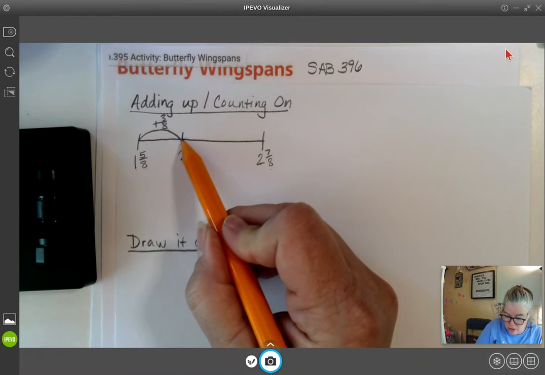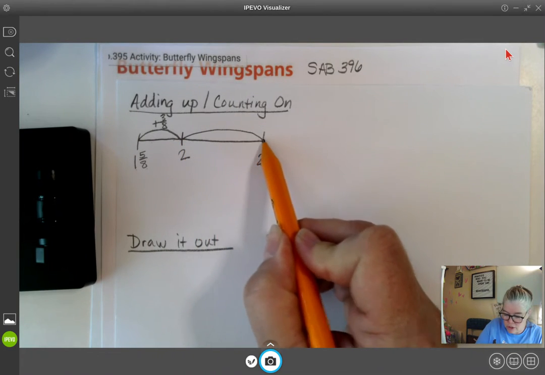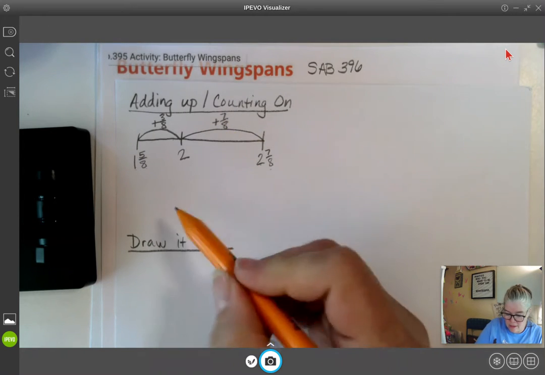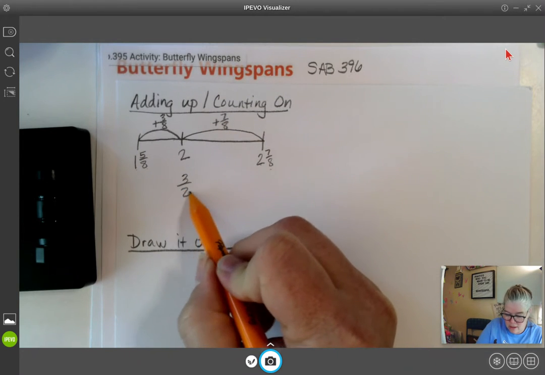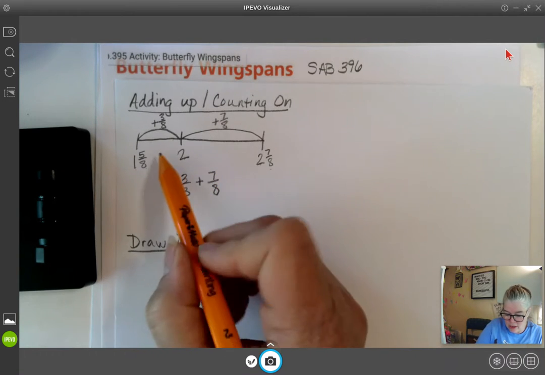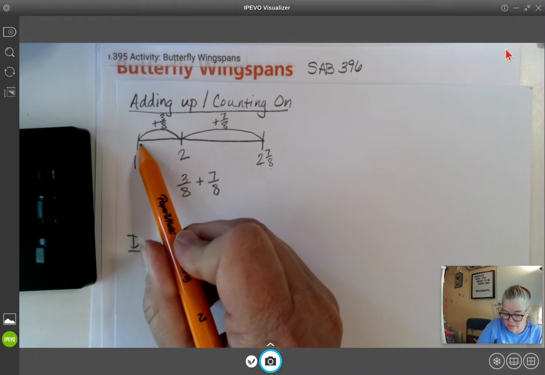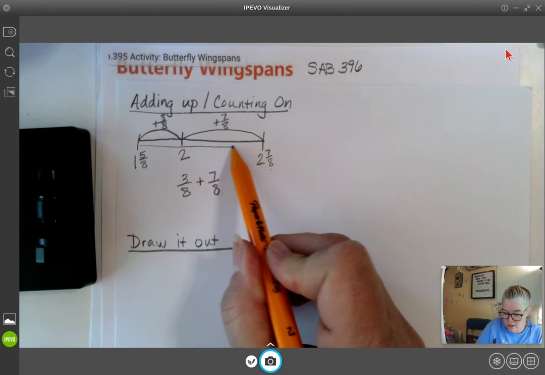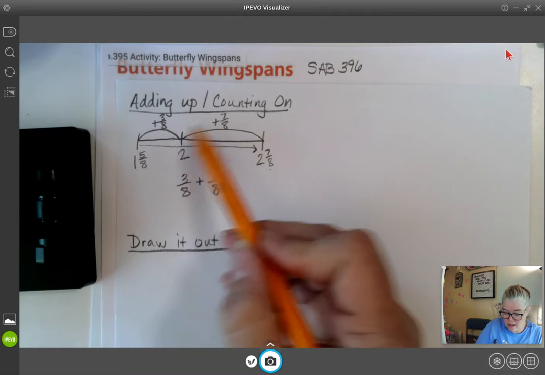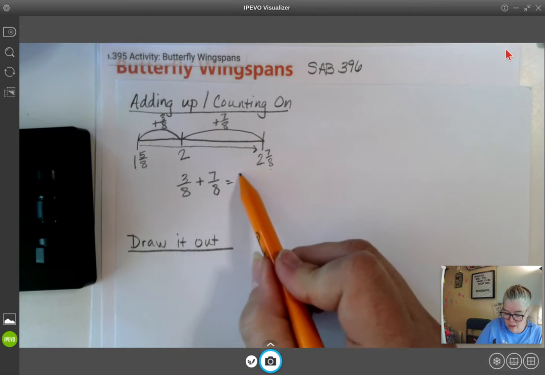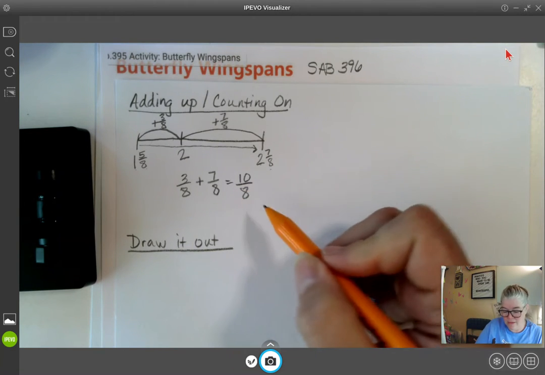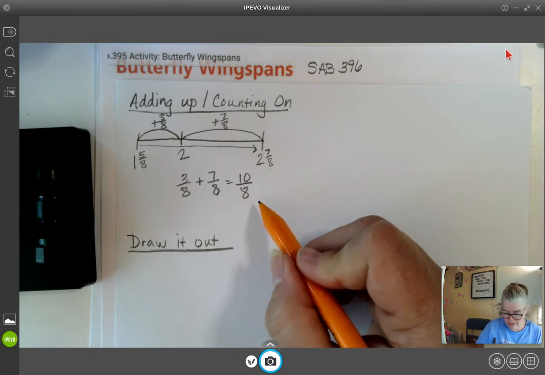I'm already at 2, so I need to do another jump of 7/8. So 3/8 plus 7/8 is how far I need to jump to get all the way from 1 5/8 up to 2 7/8. That was a jump of 3/8 plus 7 more eighths, which equals 10/8. So I can say that the difference is 10/8 inches.